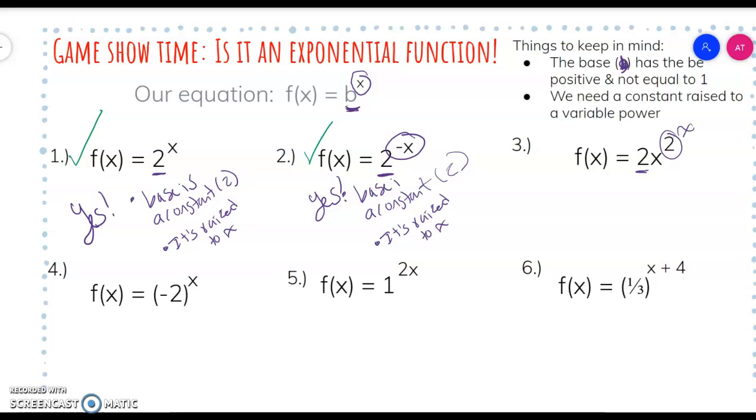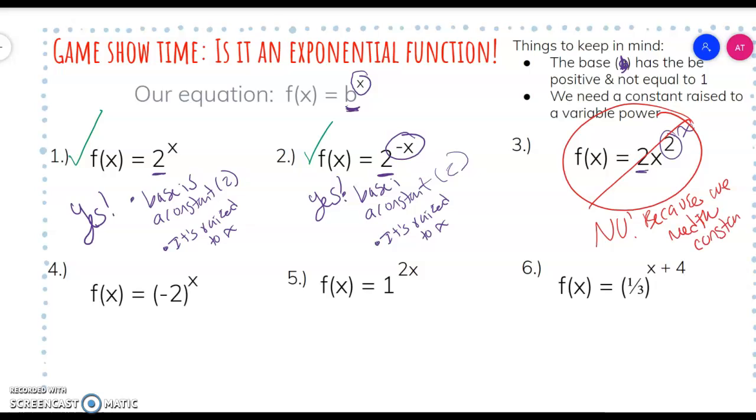I need to have a constant raised to a variable, and this is a variable raised to a constant. So is this one? No, it's not. I want you to figure out the next ones on your own.